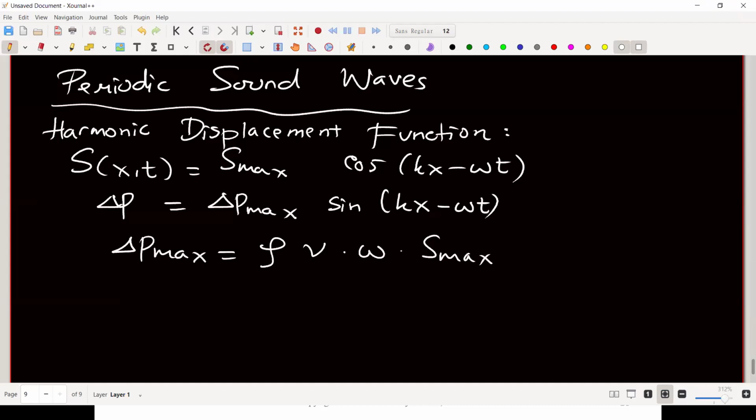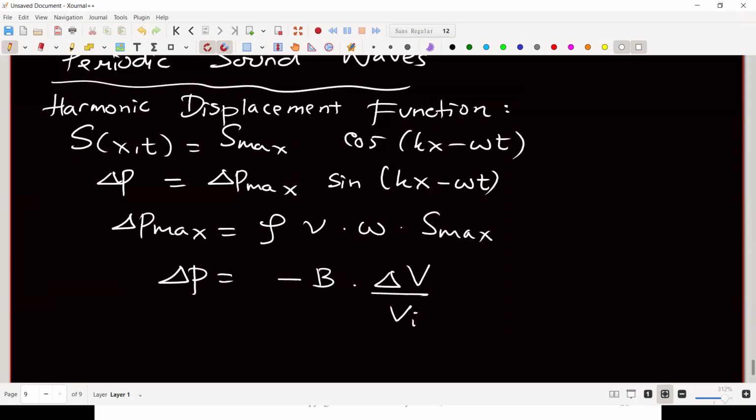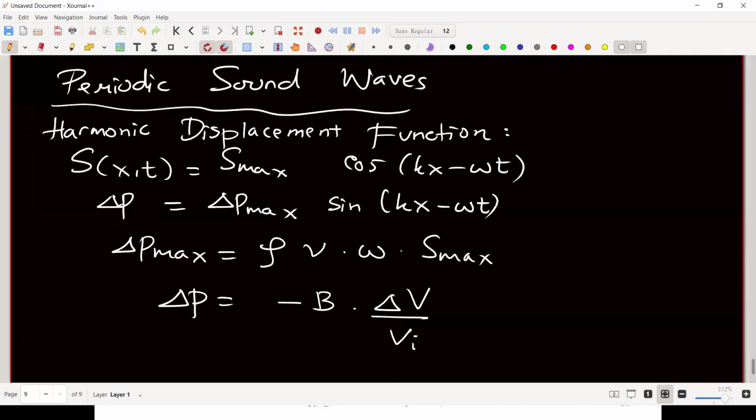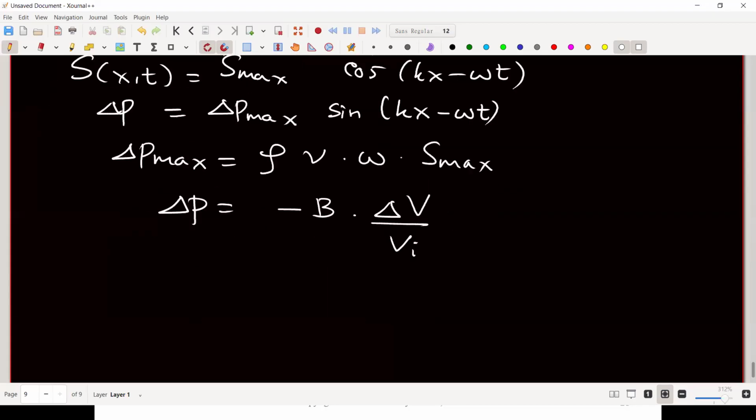And then delta P is equal to the bulk modulus times delta V over V initial. So delta P is equal to minus B delta V over V initial.